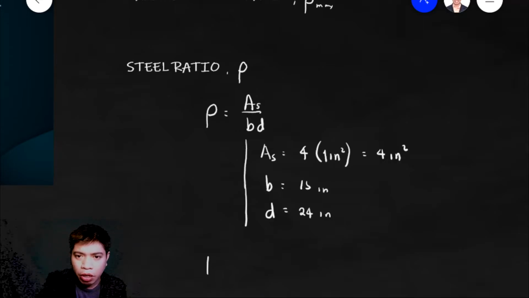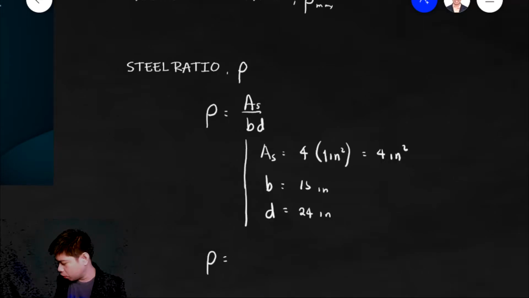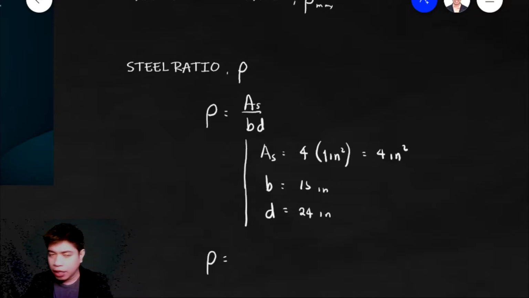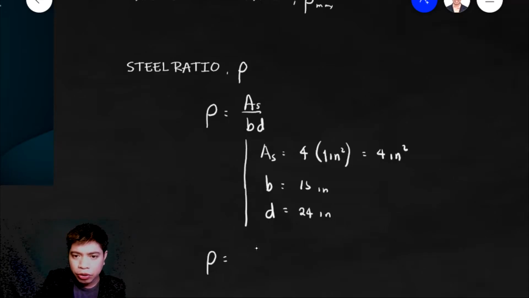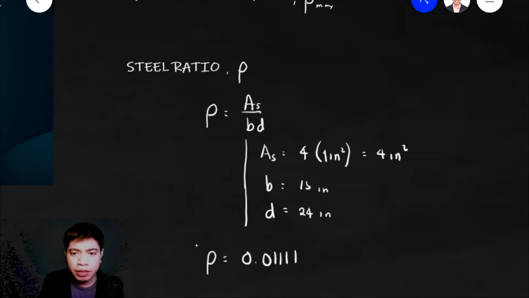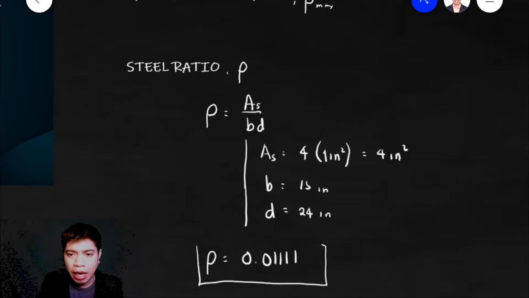Okay, so all we have to do is substitute guys and makukuha natin yung ating steel ratio which is the ρ. Okay? So ang lalabas dito guys pag kinalculate mo siya is magiging 0.01111. So I'm using 4 significant figures. So ito yung ating sagot.